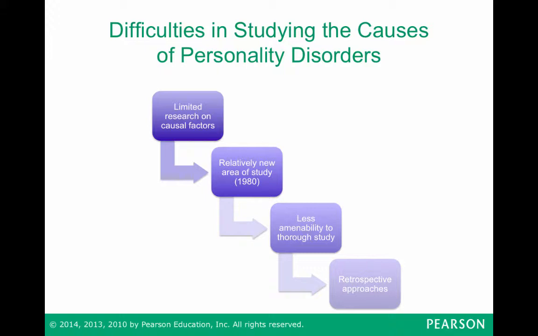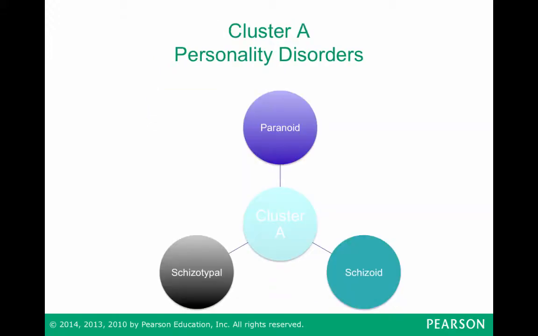People with personality disorders are not necessarily open to being studied, and so, as we said, it's a lot of retrospective approaches, looking back at how things were, recalling prior events. And so most of the research is being conducted on people who already have the disorder.